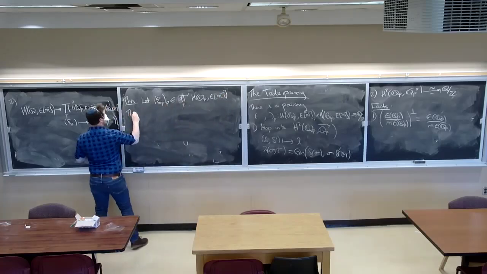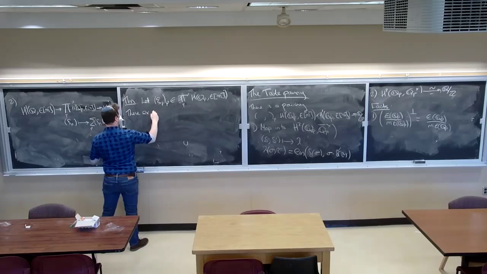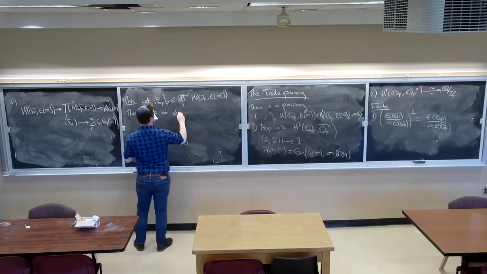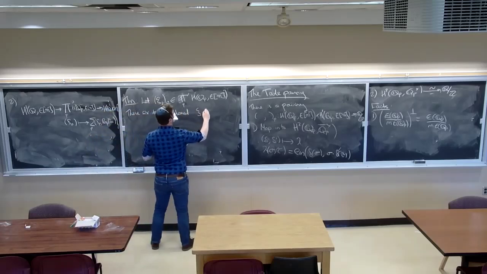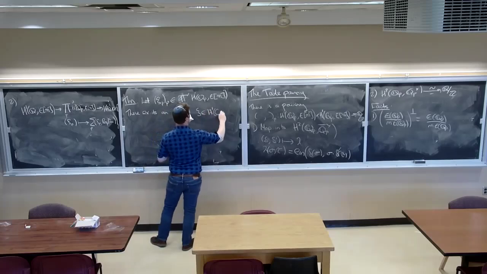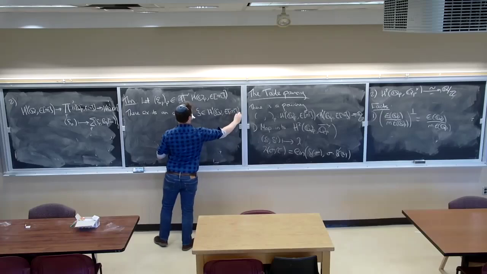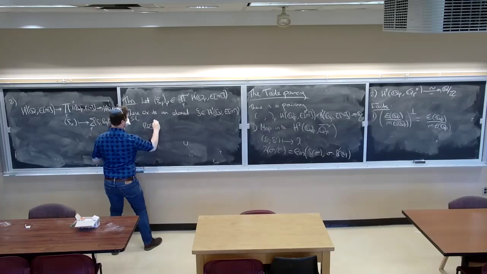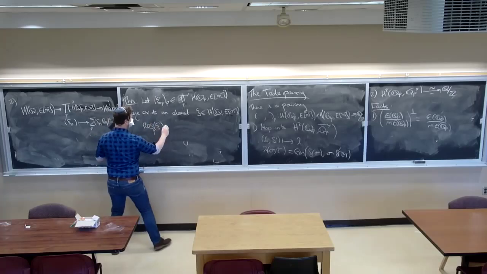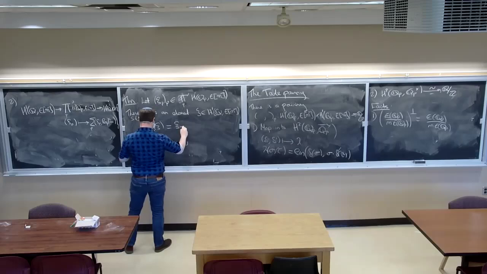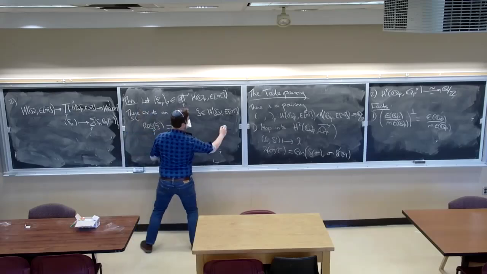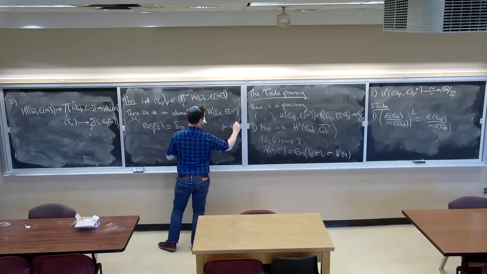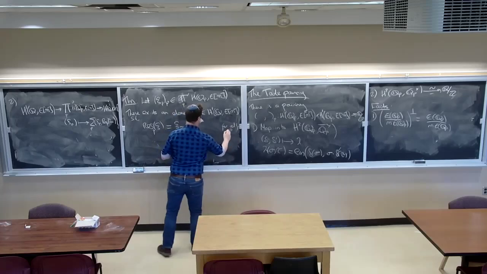There exists an element, psi, that is a global element, that lists my local elements. So such that if I take the restriction of psi at P, that's equal to psi P for all P. This gap is here for a reason.